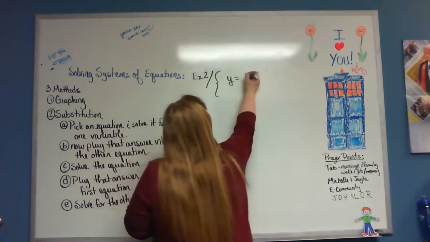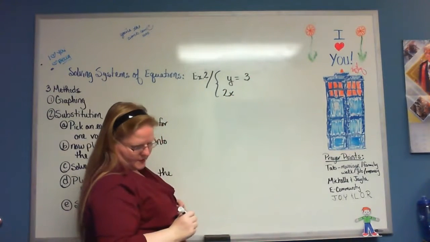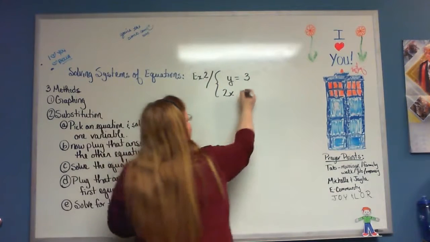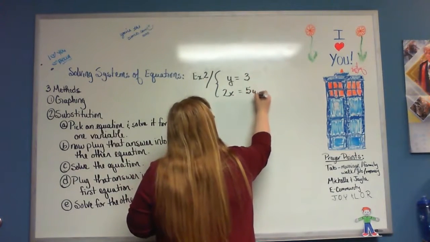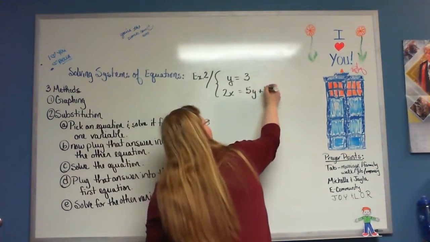Y equals 3, and then 2x equals 5y plus, what was that? 7. Just making sure.